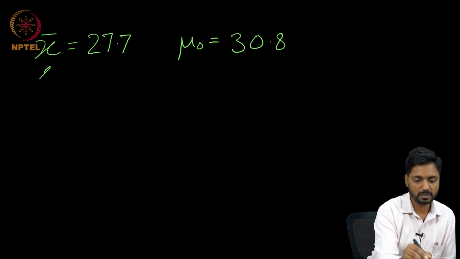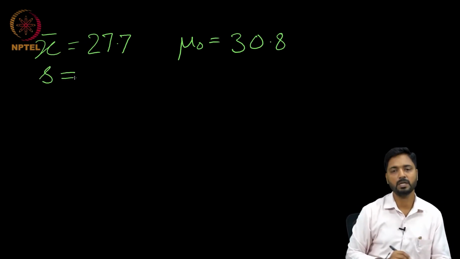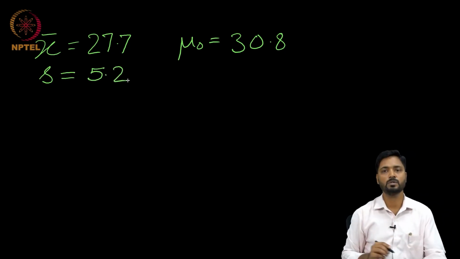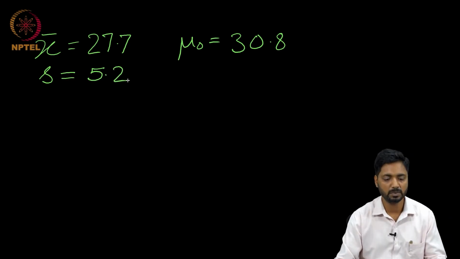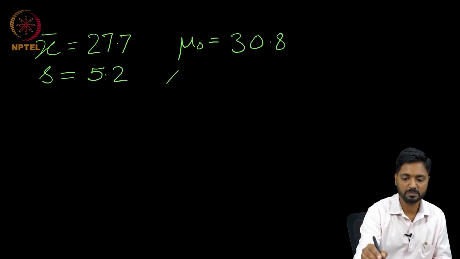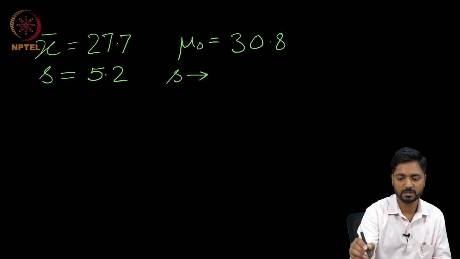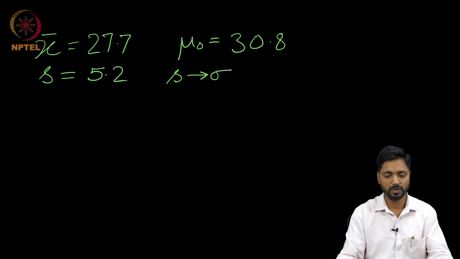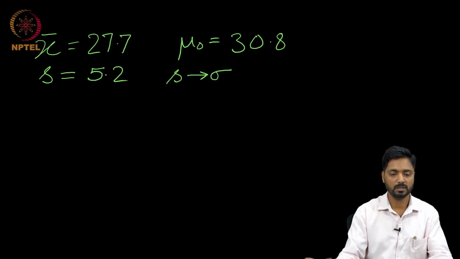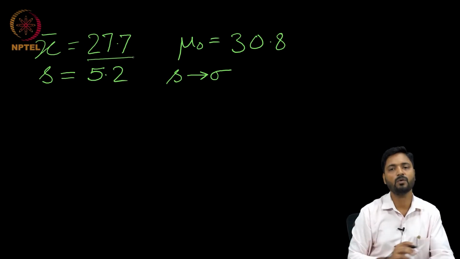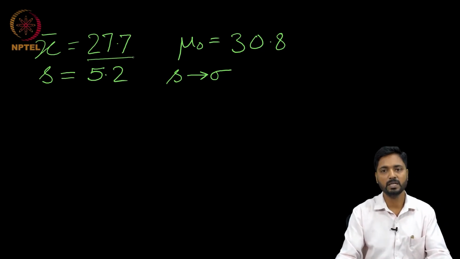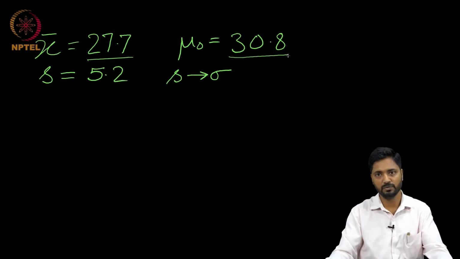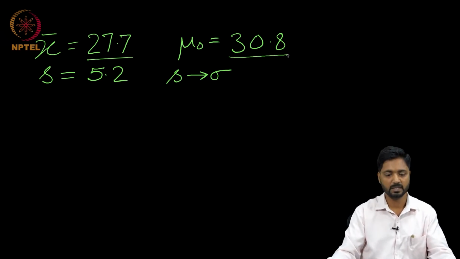What we also know is that S is equal to 5.2 kilograms. So, with this data available and the presumption that S tends to sigma, it would be easy to figure out whether the x bar value of 27.7 is statistically different from the national average of 30.8 kilograms.